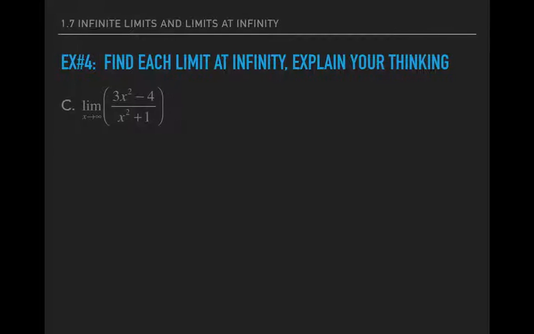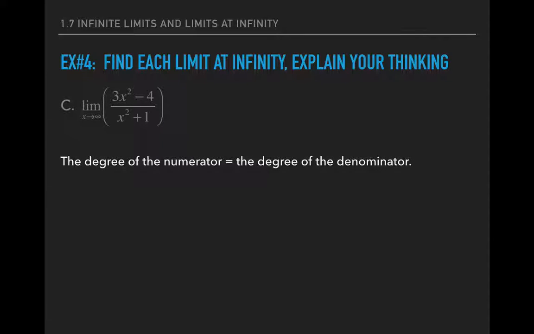Let's look at another example together. We have here a rational function, and when it came to rational functions, we want to look back at our notes for those rules. We have the degree of the numerator equal to the degree of our denominator.